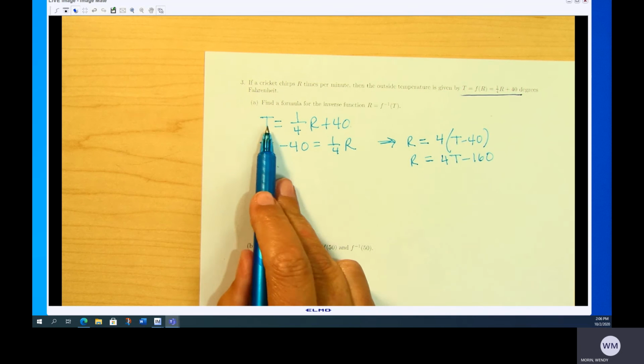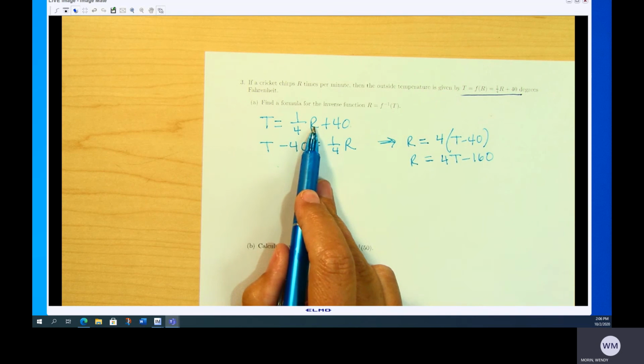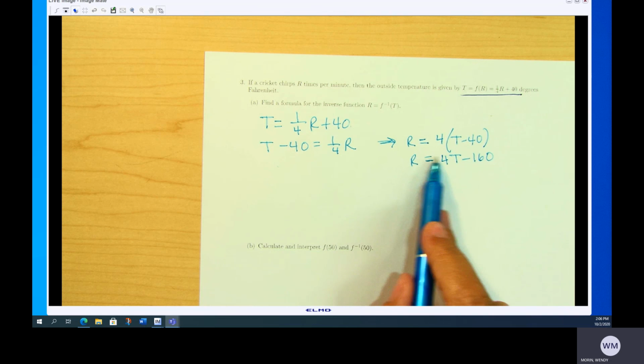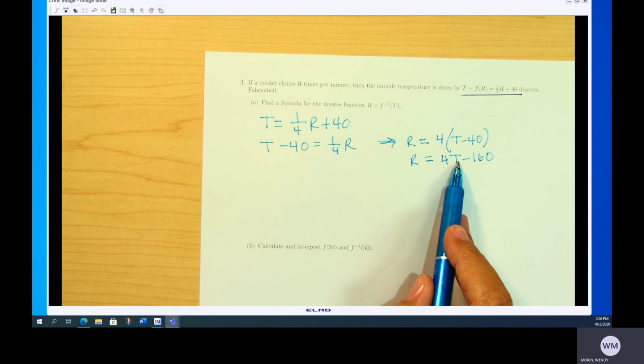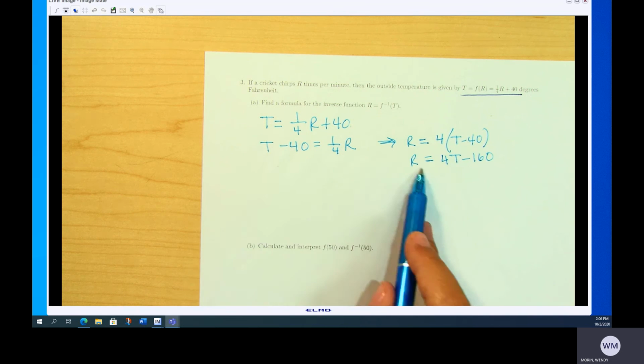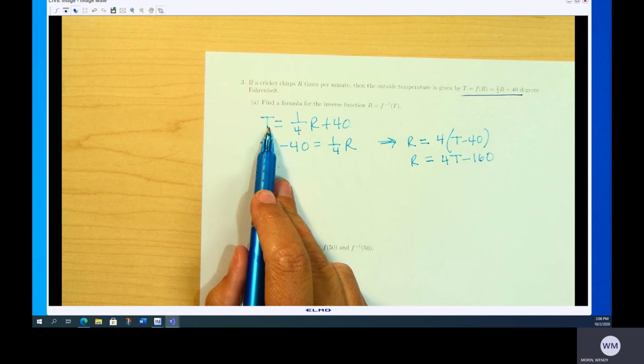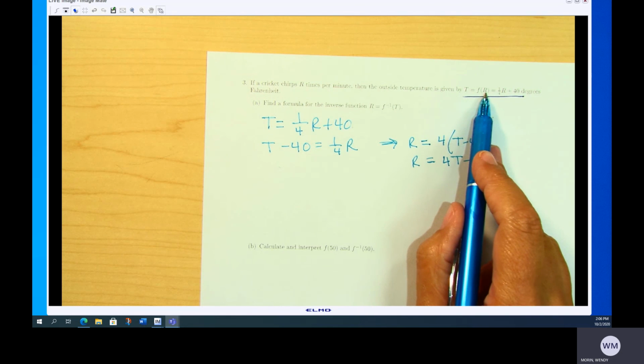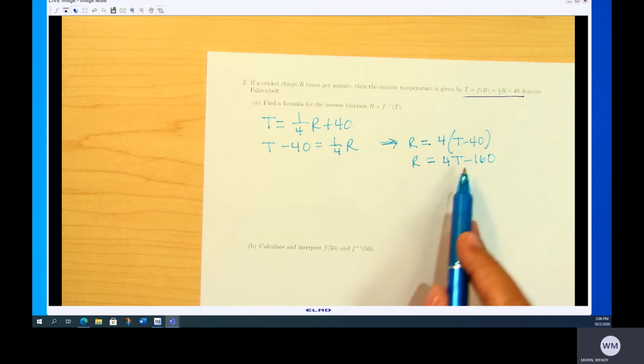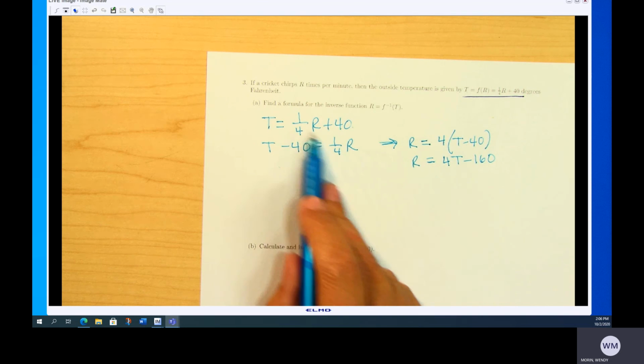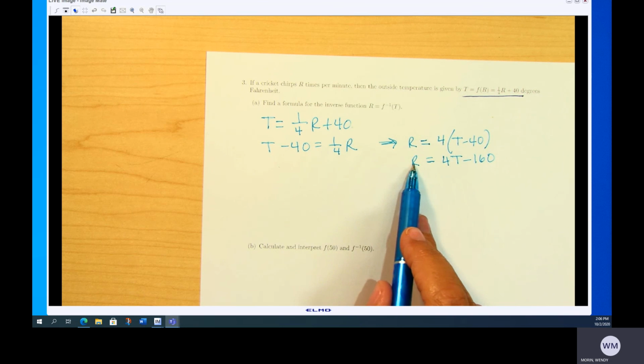So this is T in terms of R, and this is R in terms of T. Well, if this up here is f of R, when you rearrange the equation for R, that's going to be your inverse notation.